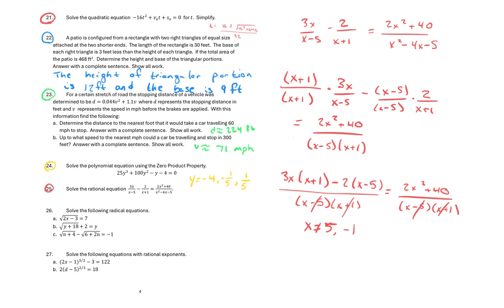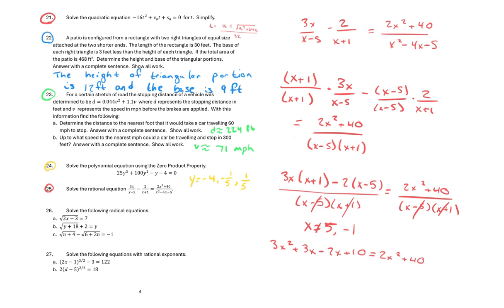But from here, I can continue just from looking at the numerator. So I have 3x squared plus 3x minus 2x plus 10 equals 2x squared plus 40.